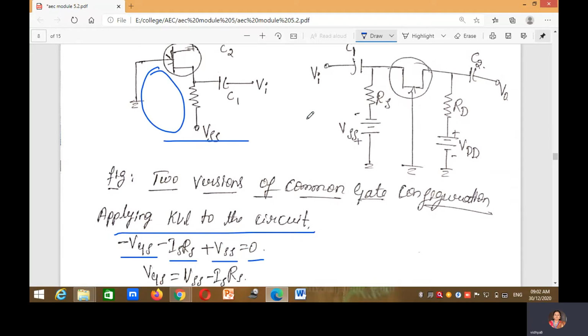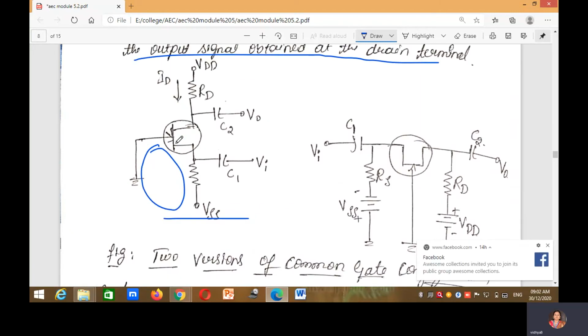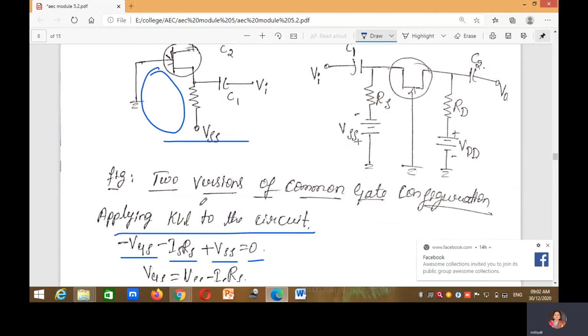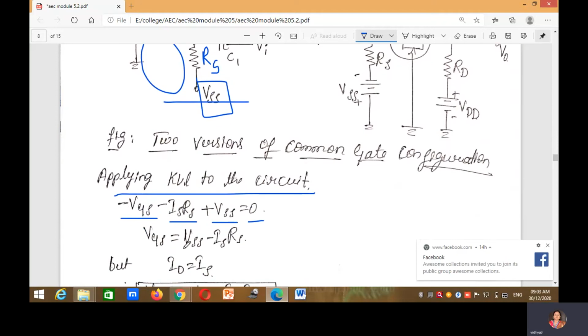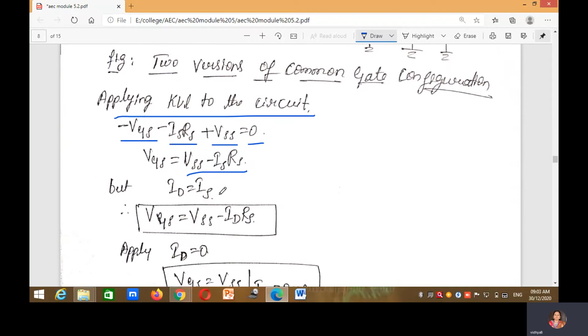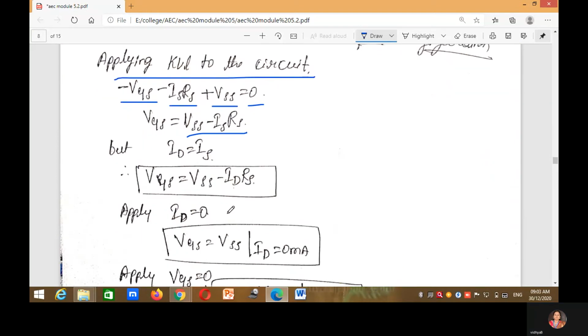There will be a voltage between gate and source, so minus VGS, minus IS into RS, where RS is the resistance, plus VSS equal to 0. VGS is equal to VSS minus IS into RS. ID is equal to IS, so VGS is equal to VSS minus ID into RS.